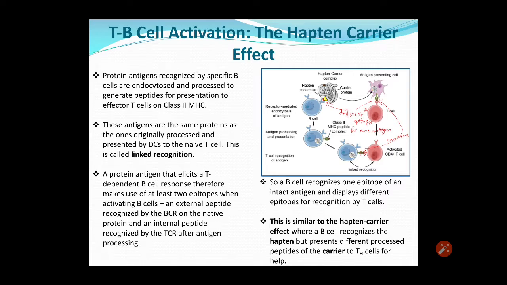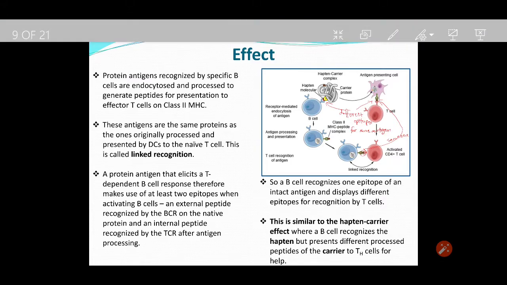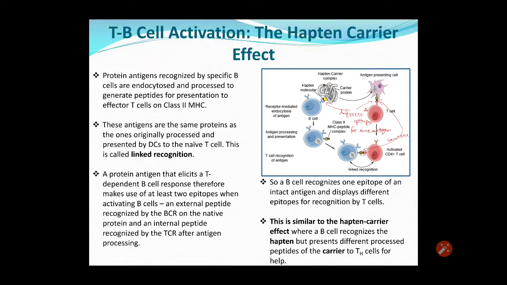In this way you can artificially stimulate a T-independent antibody-producing B cell to that carbohydrate by stimulating T-B cell help. And this is the basis of what the H influenzae conjugate vaccine is all about. And it's very successful. So we can manipulate this hapten carrier effect to create good T-independent antibody responses by making them T-dependent.